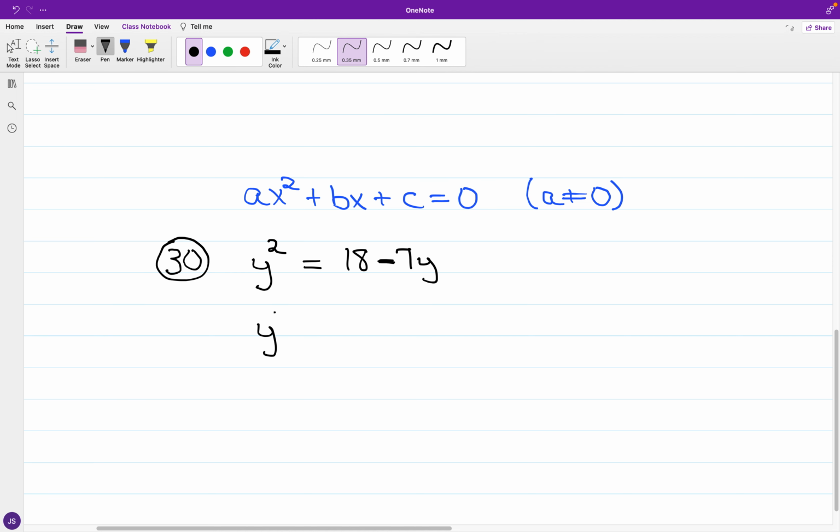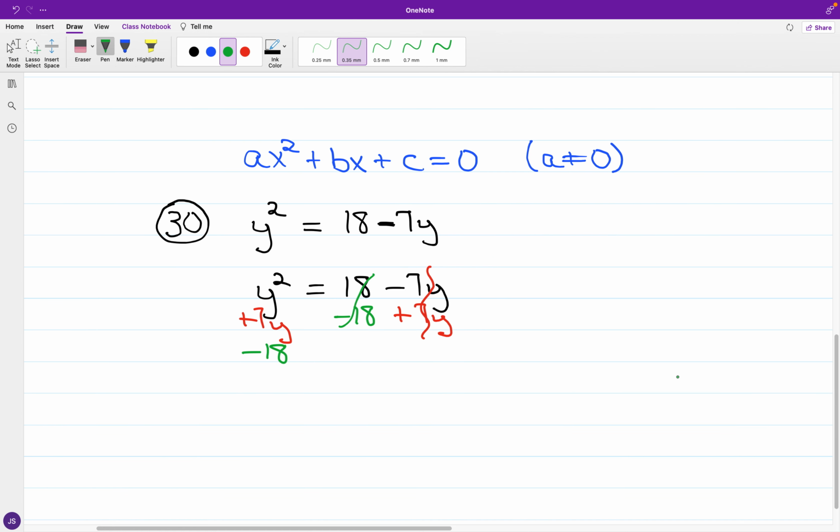If I rearrange the terms to write this quadratic equation in standard form, y squared corresponds to x squared and y corresponds to x. I move the 7y over and join it with y squared, so we add 7y, and for the constant c, I move the 18 by subtracting.